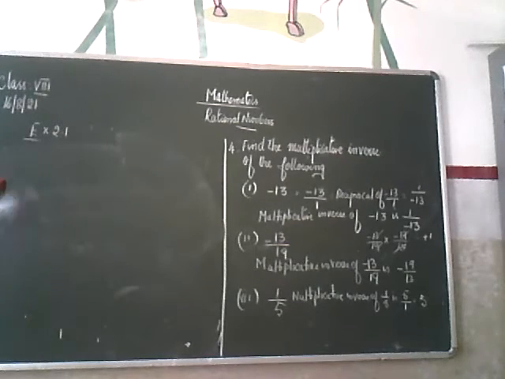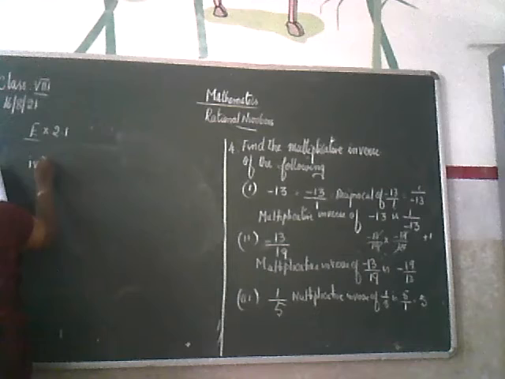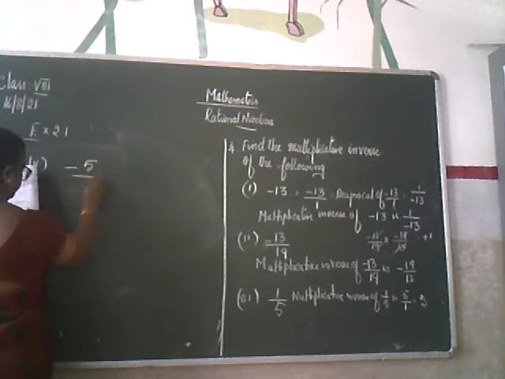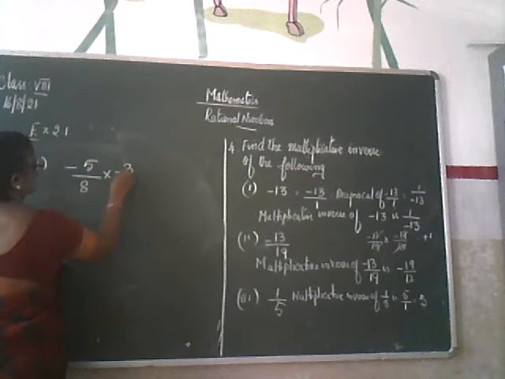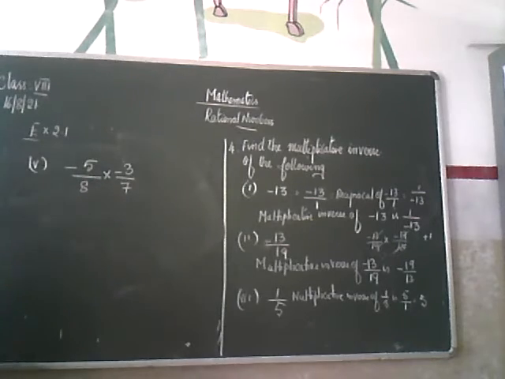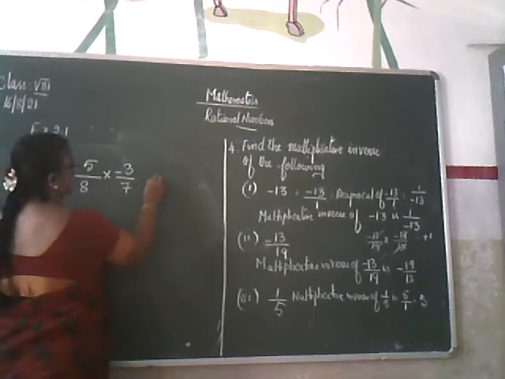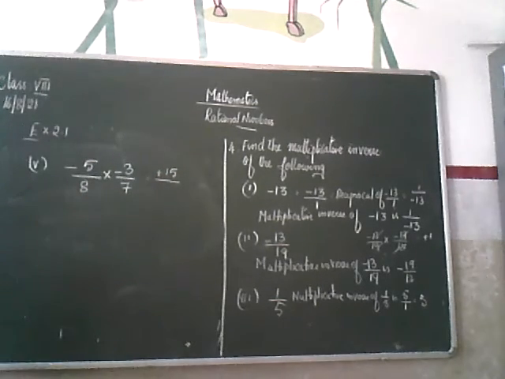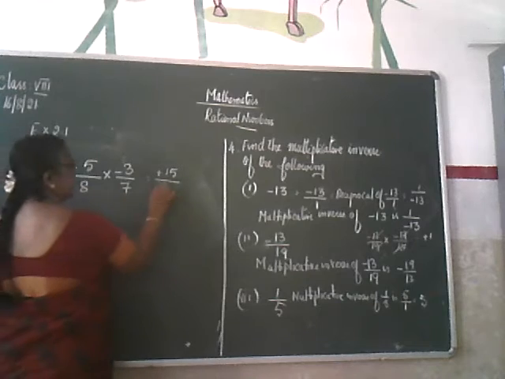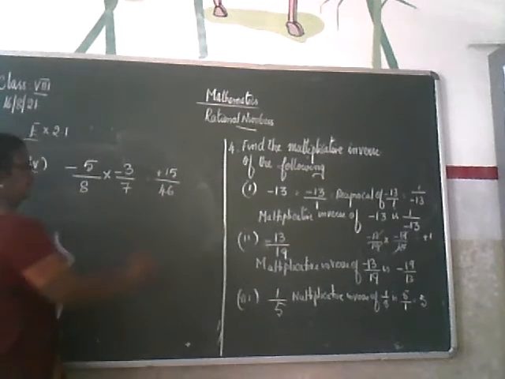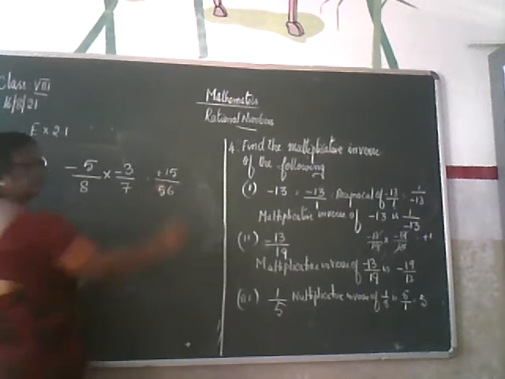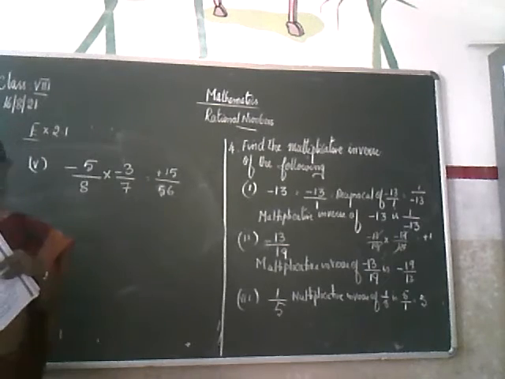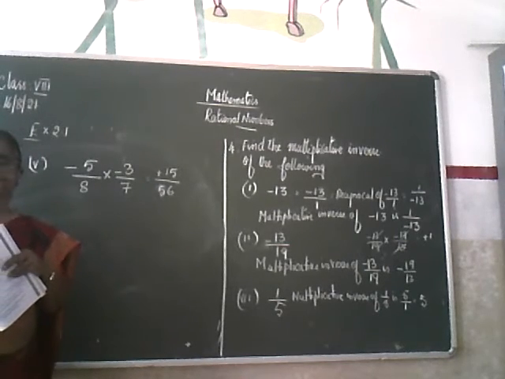The fourth one is, what is the multiplicative inverse of the given product? So first you multiply the given numbers. Minus into minus is plus. 5 3s are 15. 7 8s are 56. 7 8s are 56, isn't it?